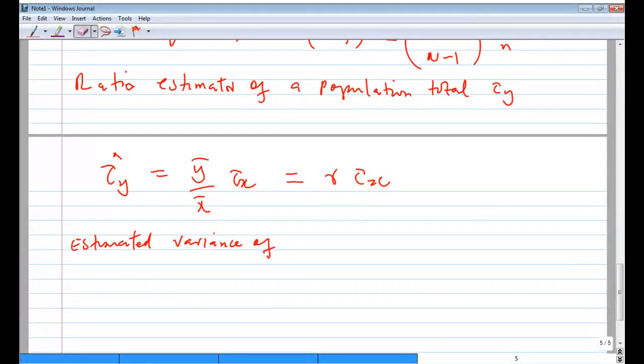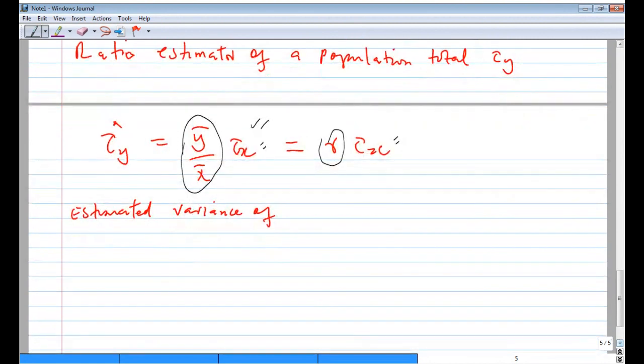It's the same thing as this one. The only difference is that here you're using y bar; it just looked like a 2C or something. This one is tau x, and this one is tau x, the same as this one.